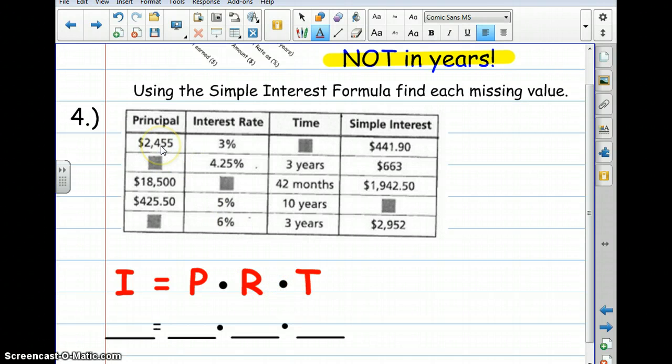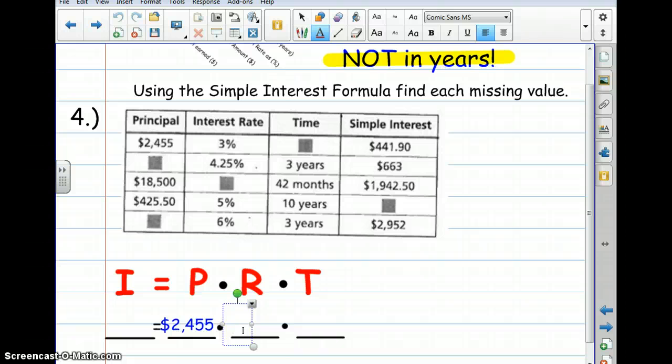Okay, so let's fill in what we know. We've got 2,455, and it's in the principal column. So we'll put that under P in our formula. We know our interest rate is 3%. But again, remember, in order to multiply a percent by any number, we have to first convert it to a decimal.